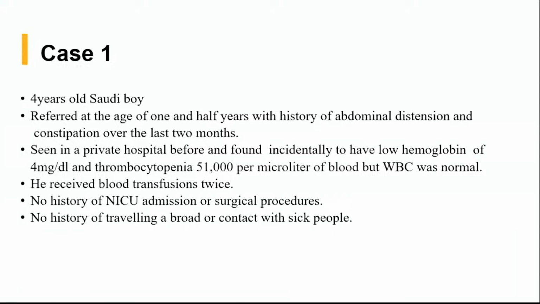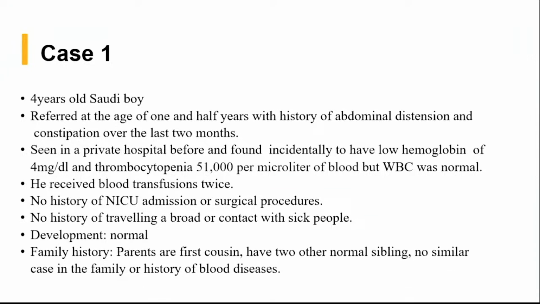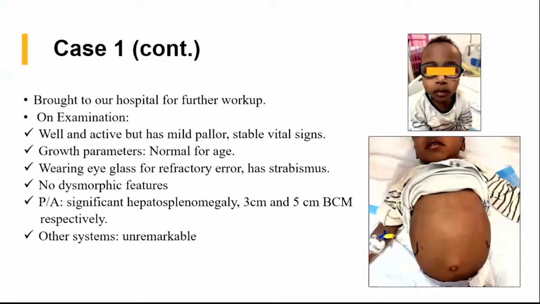No history of major problems like ICU admission or surgical procedure, no history of traveling abroad or contact with sick people. Developmentally, he was totally normal, and regarding family history, the parents are first cousins, and they have 2 other normal siblings with no similar problem in the family before.